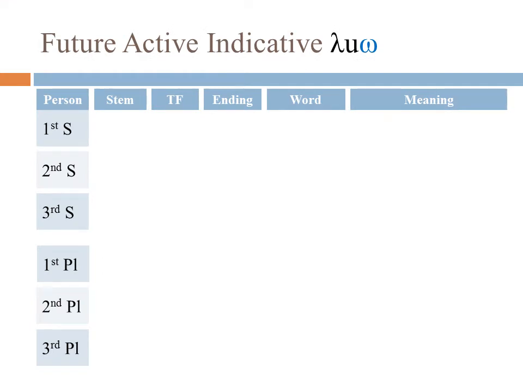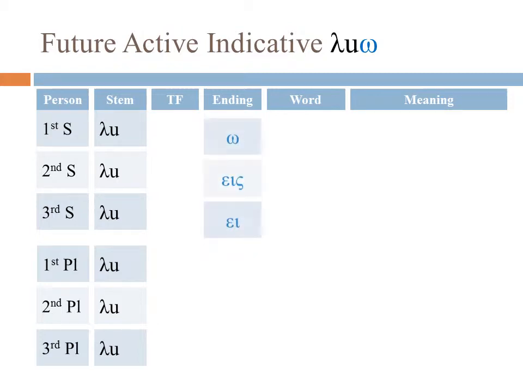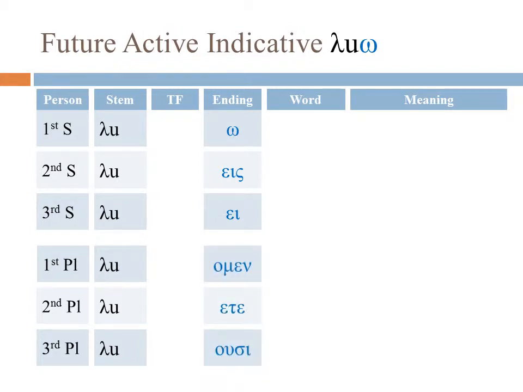Future active indicative of luo. We have the stem lu all the way through, and the endings are o, eis, ei, omen, ete, ousi, the ones you know by heart now. These are the primary active endings. And then for the tense formative, we're just going to drop in a sigma.